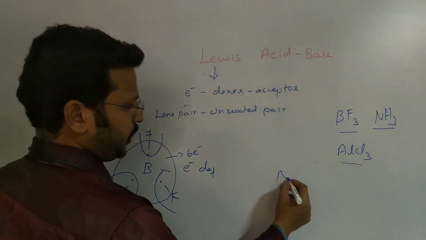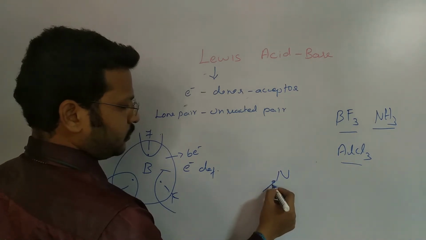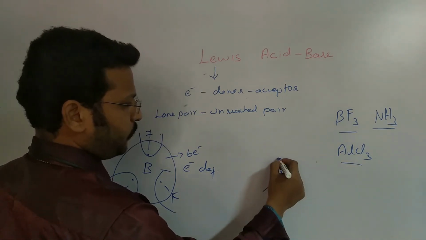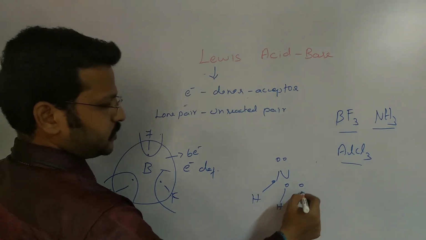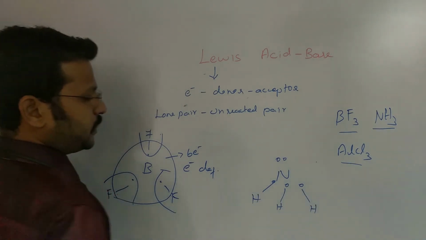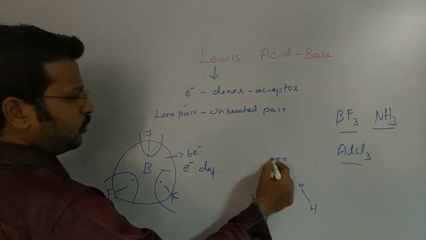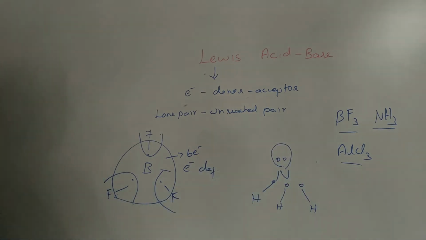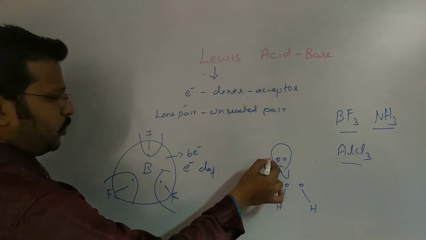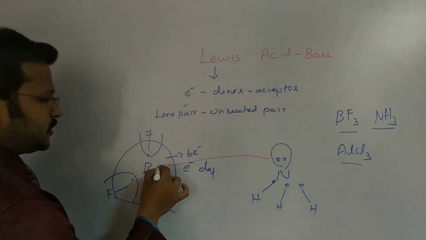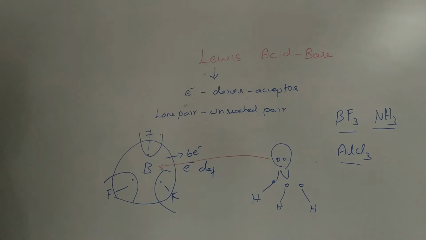For example, take NH3. Nitrogen has 5 electrons in the outermost orbit, tetrahedrally bonded including this lone pair. According to the Lewis concept, NH3 is a stable molecule, and this lone pair from NH3 is donated towards BF3.